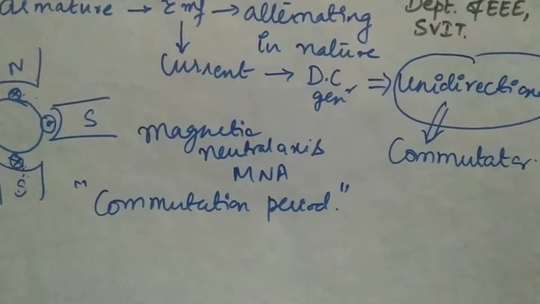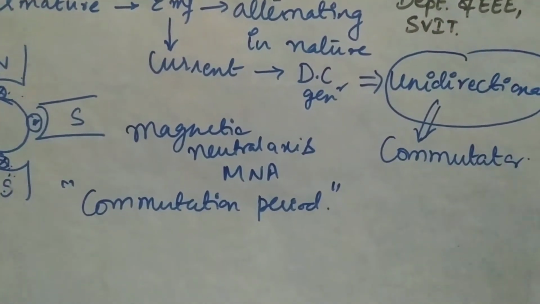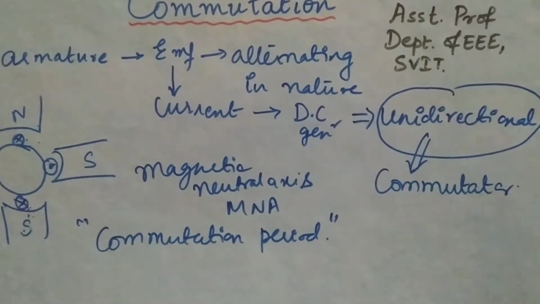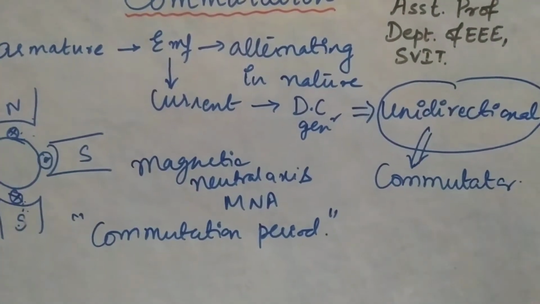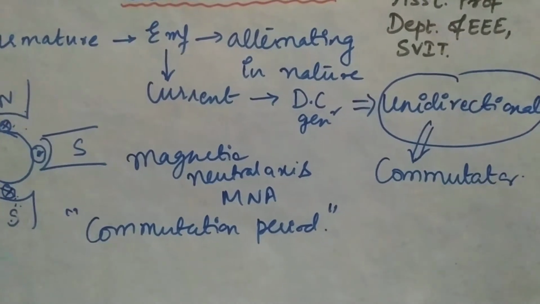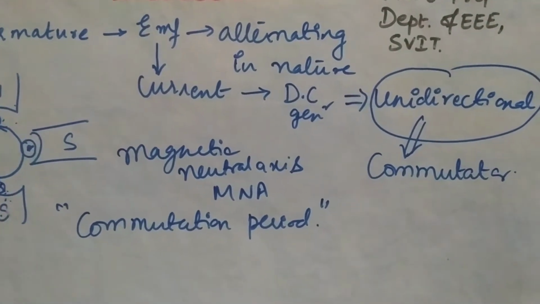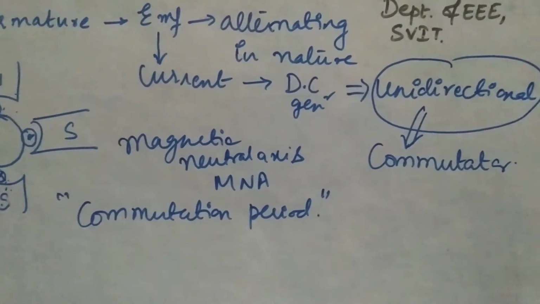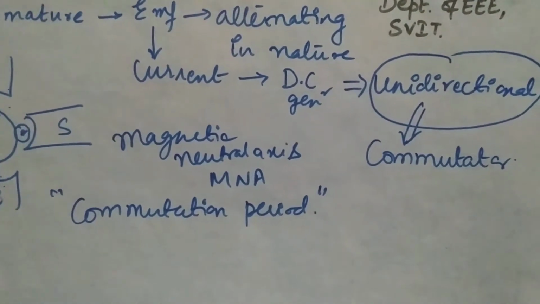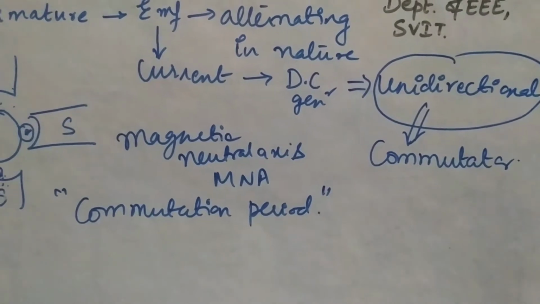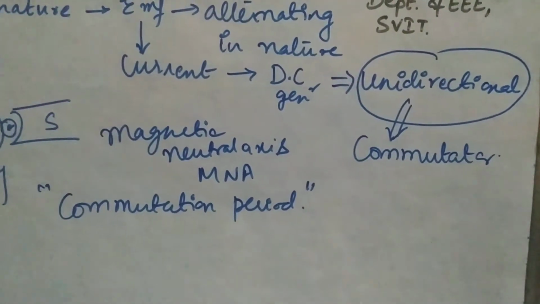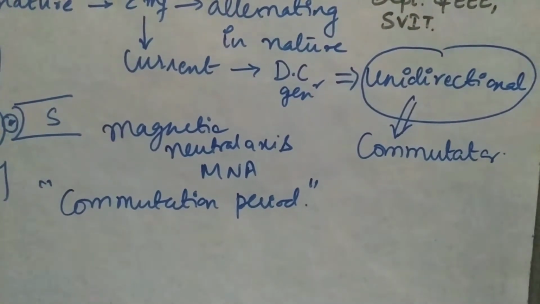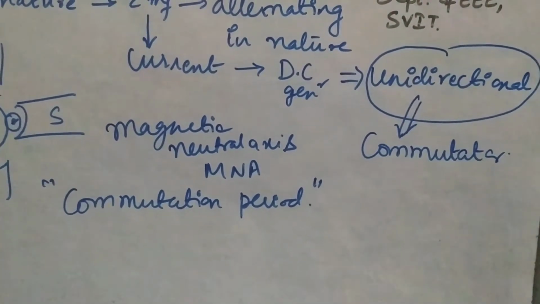Finally, commutation is nothing but the reversal of current, which has to take place in a short interval when the coil is short circuited by the brush, so that the transfer of current from one direction to the other is carried out without any spark.